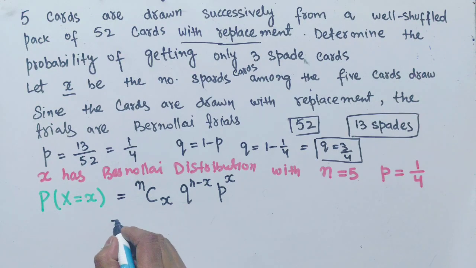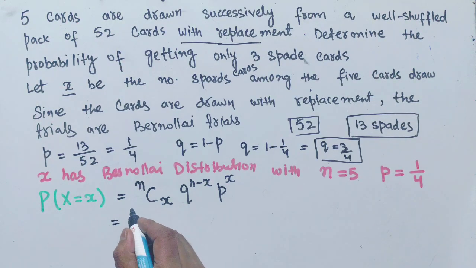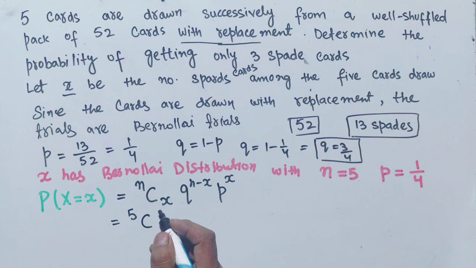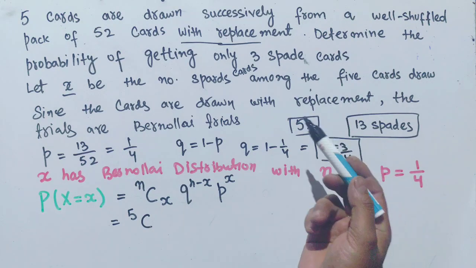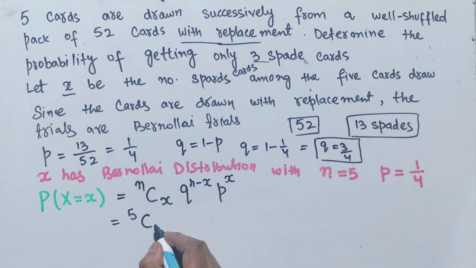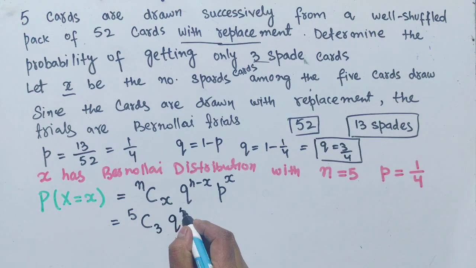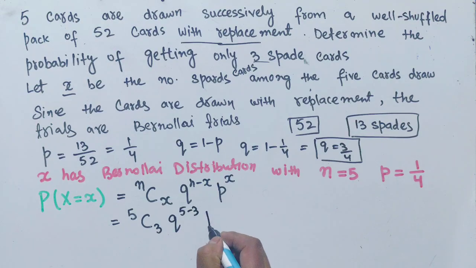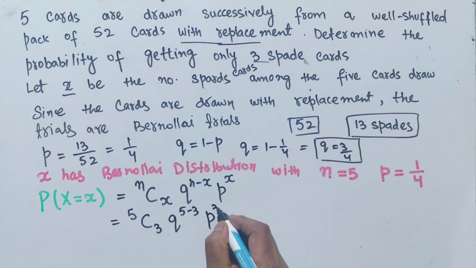So here we have n is 5, so we can write 5C, since we need to get 3 spade cards, here we have 3, q raised to the power 5 minus 3, p raised to the power 3.